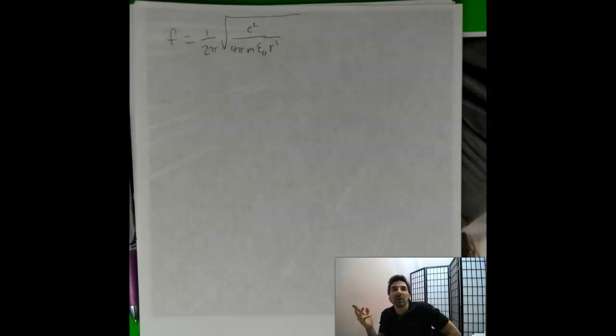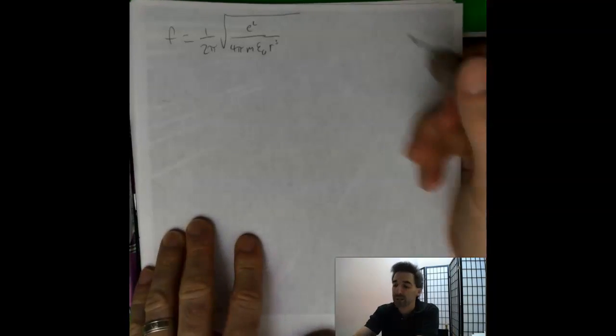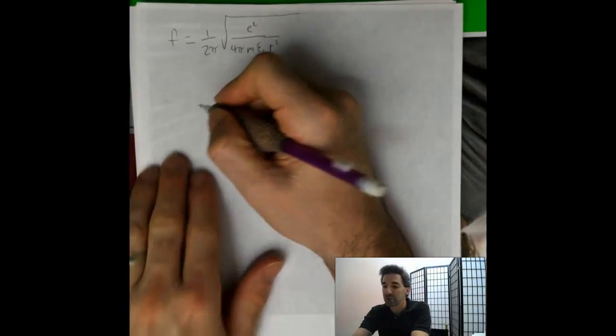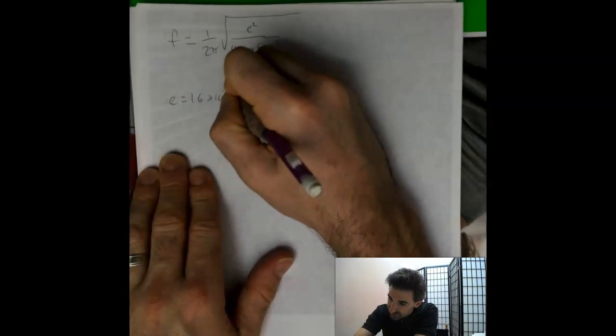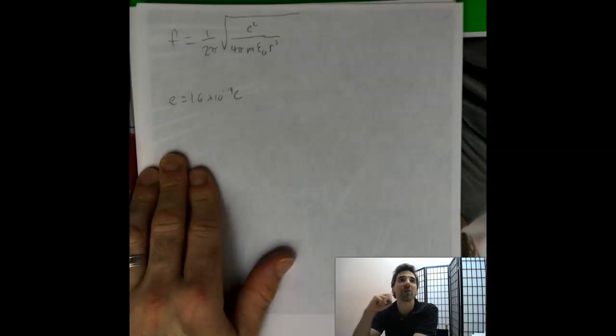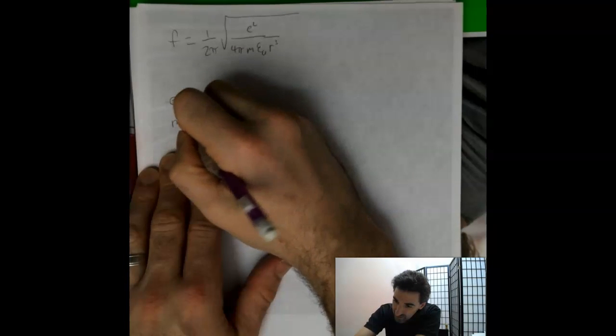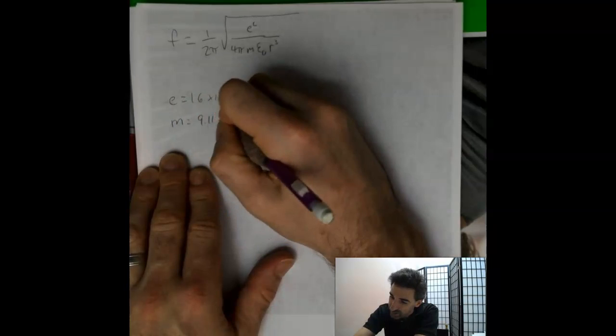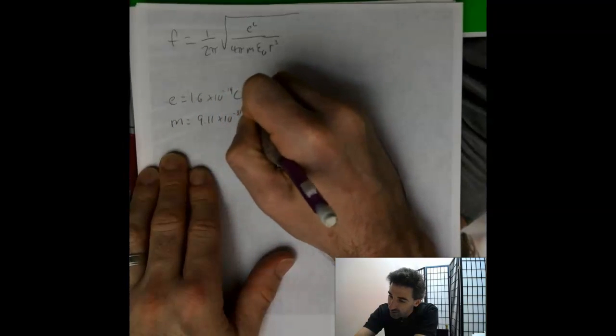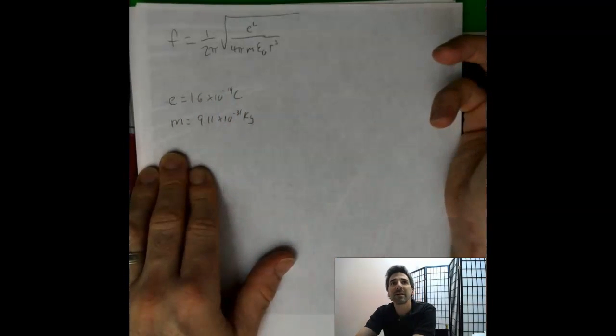Now, they told us a couple things in the problem. I've got the problem still up on my screen. We know that the charge E is 1.6 times 10 to the negative 19 coulombs. We know the mass of an electron is 9.11 times 10 to the negative 31 kilograms.